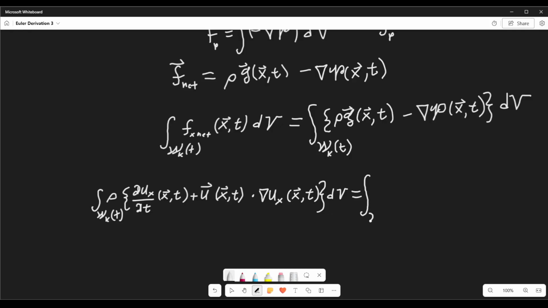So this is an integral. I'll put this in: the external force over space and time minus the pressure, over space and time, and then the volume.